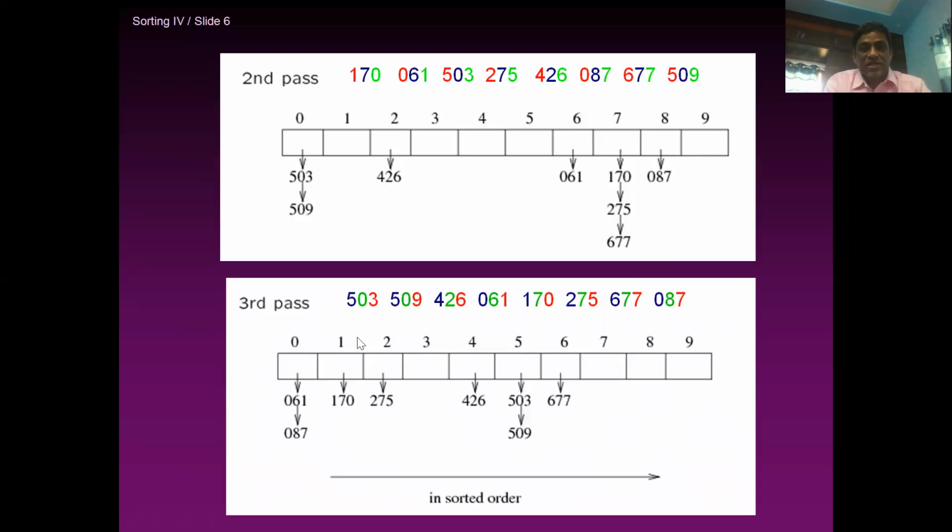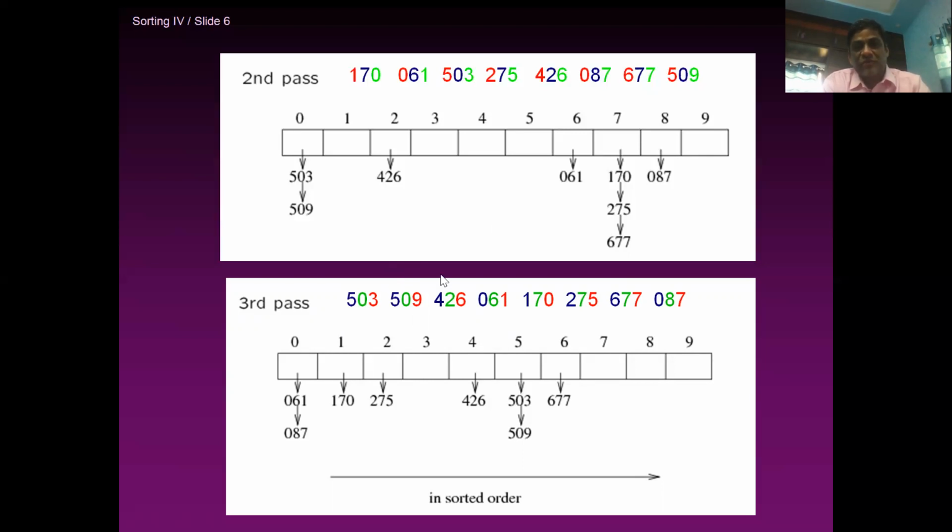In third pass, now if you observe, what is remaining? The most significant digit. So we start with the most significant digit and we put all the numbers into the respective bins. So 503 is the first number, which is the output from second pass. So 503 is kept into fifth bin. Why? Because the most significant digit is 5. So 503 is kept in bin 5. 509, again it is 5.